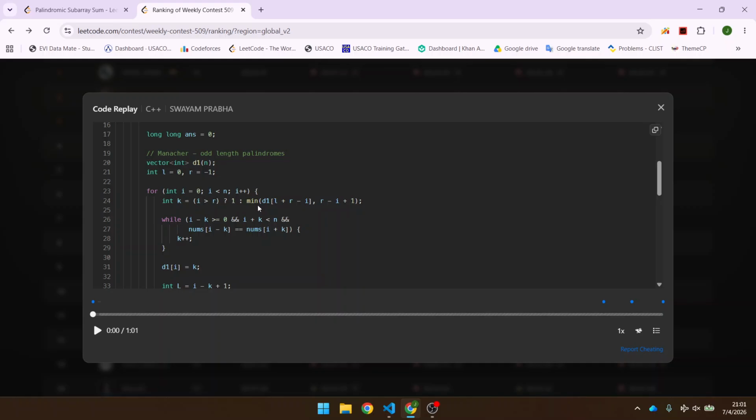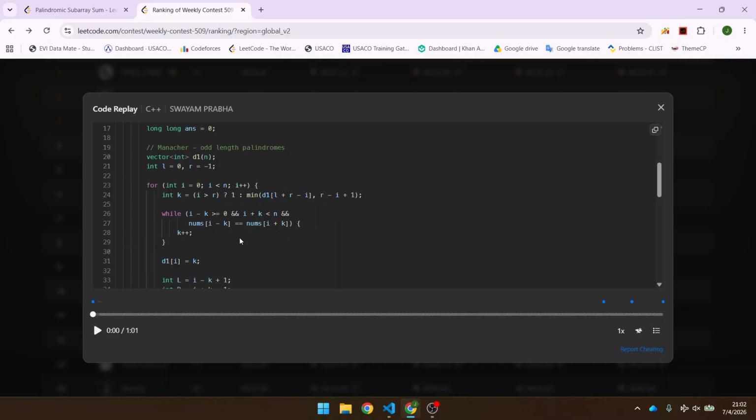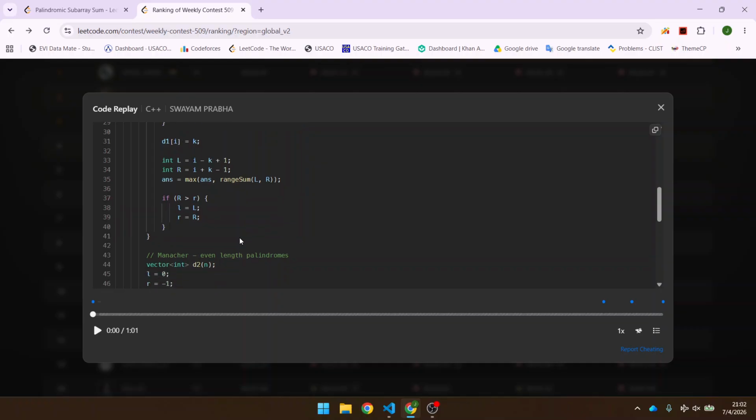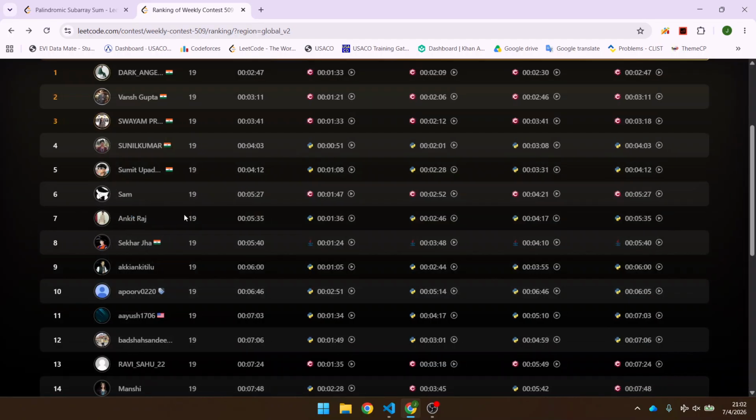Otherwise, it's minimum d1[l plus r minus i], r minus i plus 1. While i minus k is greater than or equal to 0, and i plus k is less than n, and this k plus plus, d1[i] is k. Okay, I do not understand this.